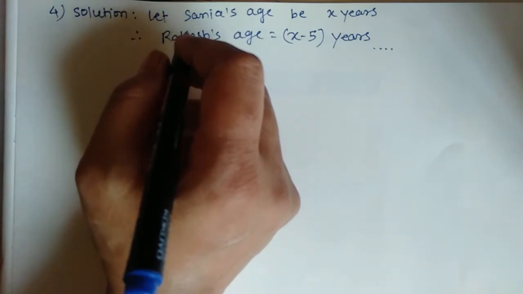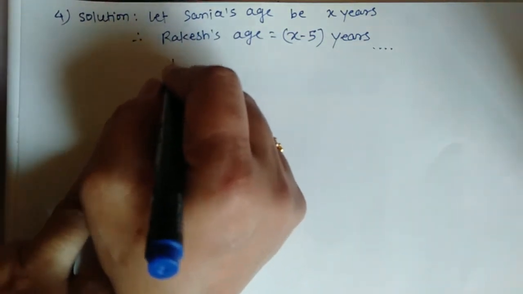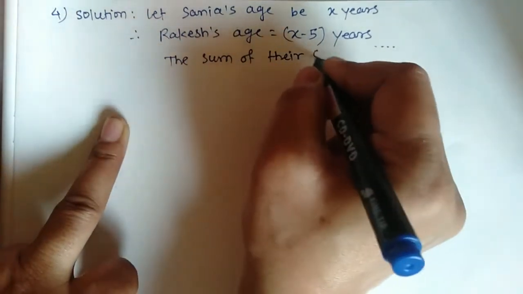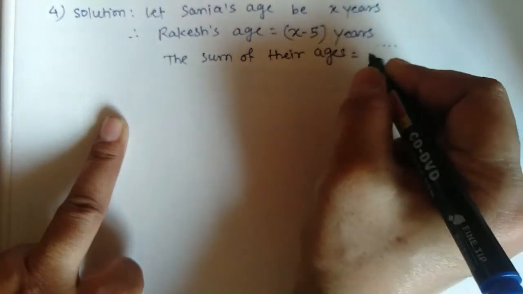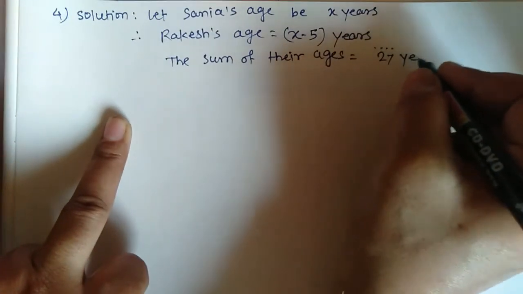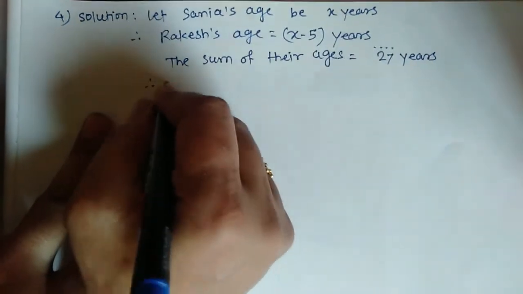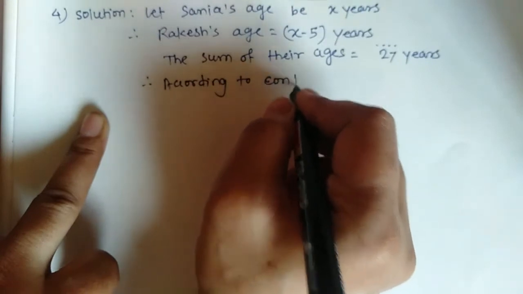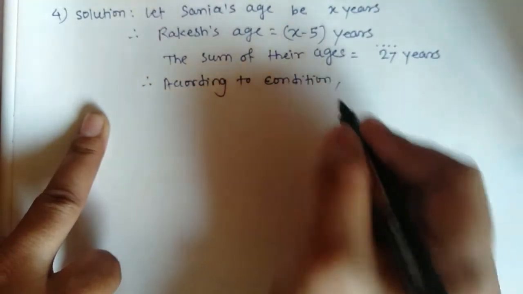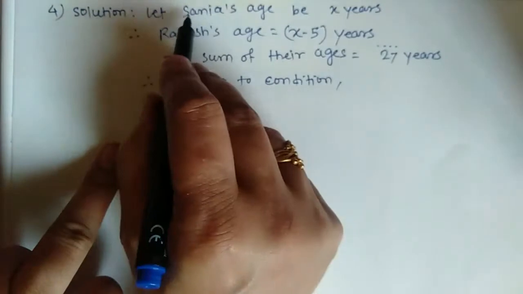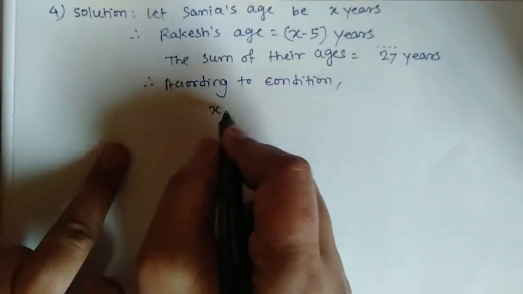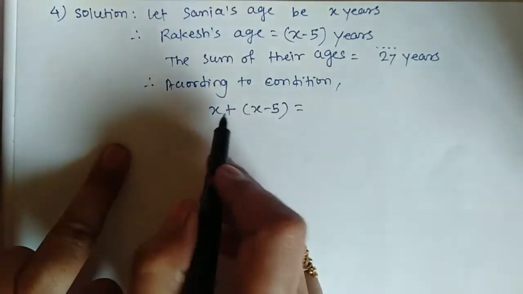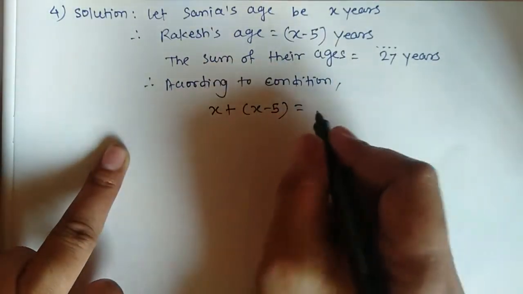The sum of their ages is 27 years. So according to the condition, the equation will be formed: Sania's age is x plus Rakesh's age is x minus 5 equal to, what is the sum? 27.